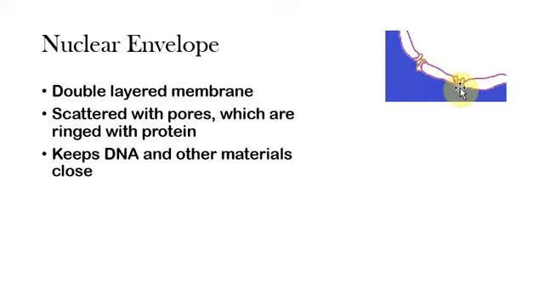And the nuclear envelope is basically involved in keeping all of the stuff that needs to be in the nucleus together. So the DNA has to stay in there, and the equipment involved in maintaining and transcribing DNA, which we'll talk about transcription later. But all that stuff is inside the nuclear envelope, and the nuclear envelope is just to keep all that together.